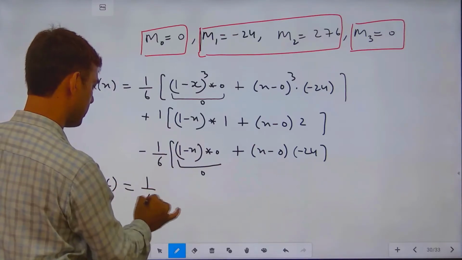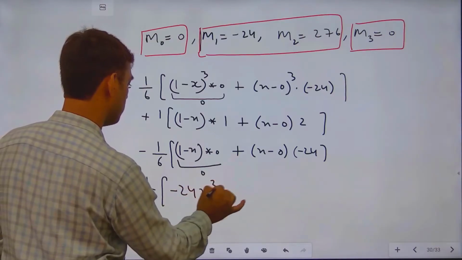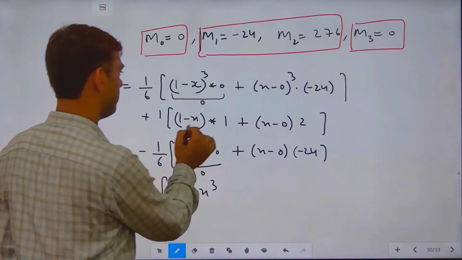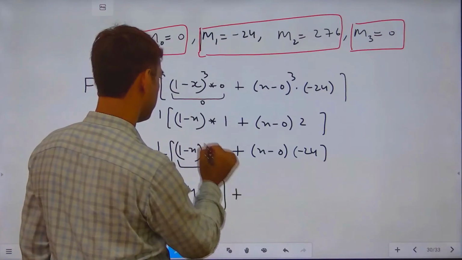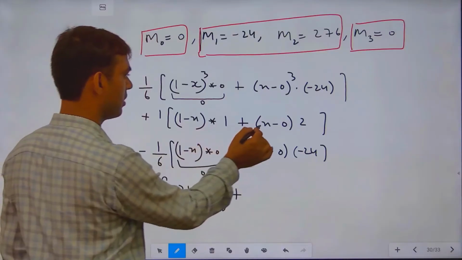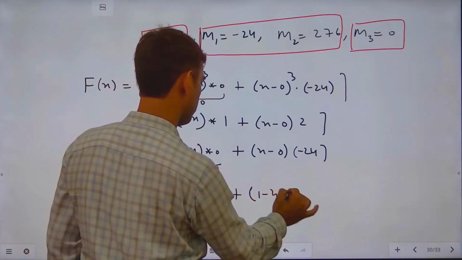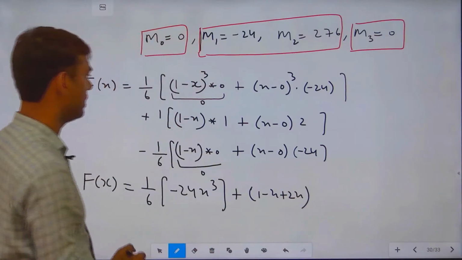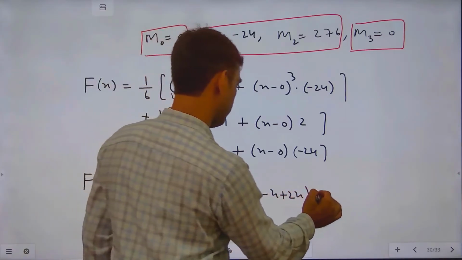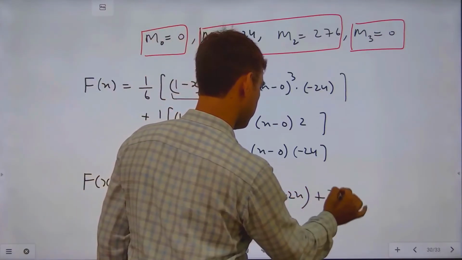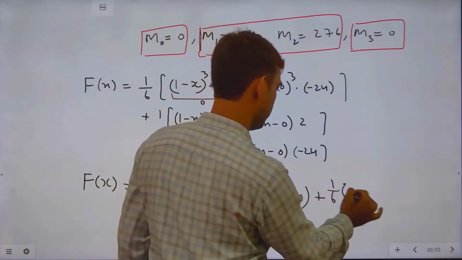1 by 6 inside minus 24 x cube, and from here if we simplify, plus 1 minus x plus 2x, and from here 1 by 6, and this one minus 24x.